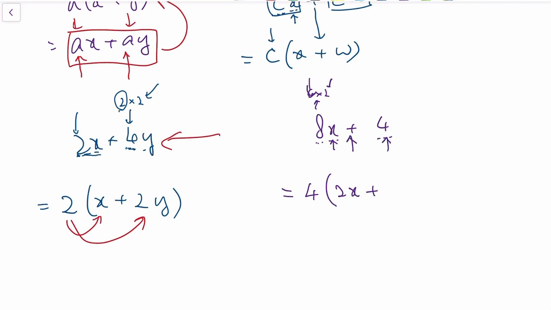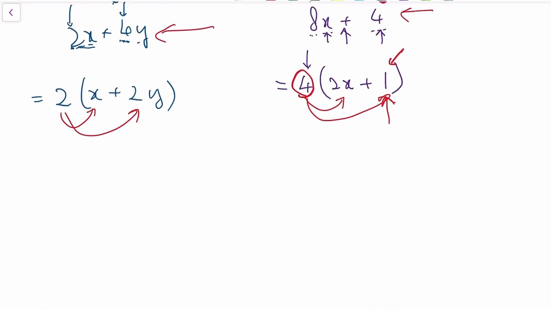For 4, we have taken 4 out, so in some sense, there's nothing left. But what do we write when there's nothing left? It turns out we have to put a 1, because when we expand the thing back, we have to get the original question. So think: 4 times what would give you back 4? Well, the answer is 1. 4 times 1 is 4. Therefore, whenever everything is taken out in factorization, you have to put a 1.